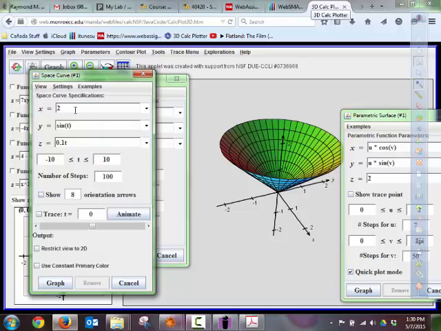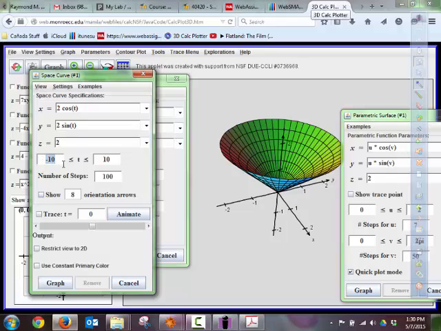Two cosine t, 2 sine t, 2? Just 2? Just 2.